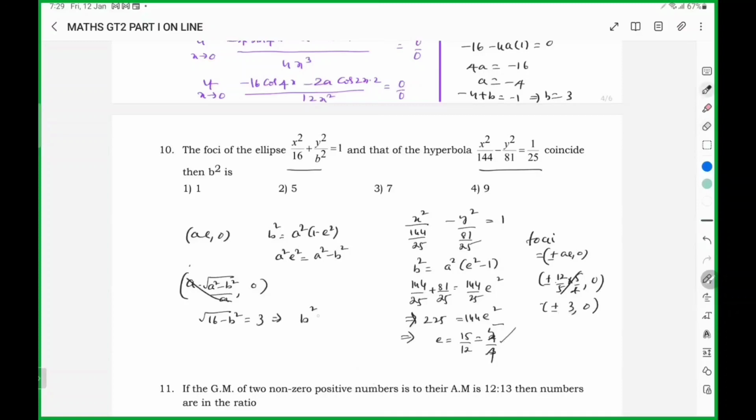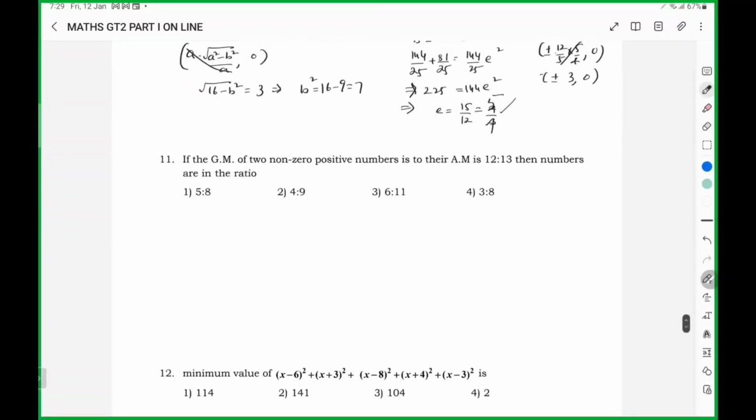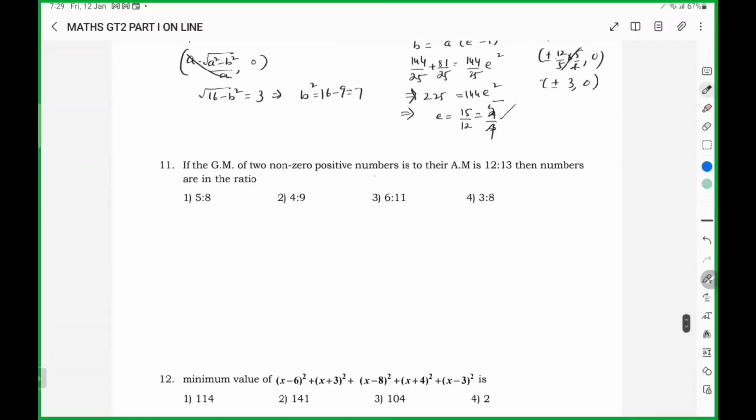B square is 16 minus 9, which is 7. So GM of two non-zero positive numbers is root AB.